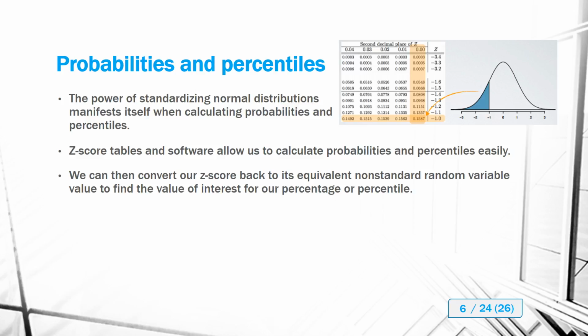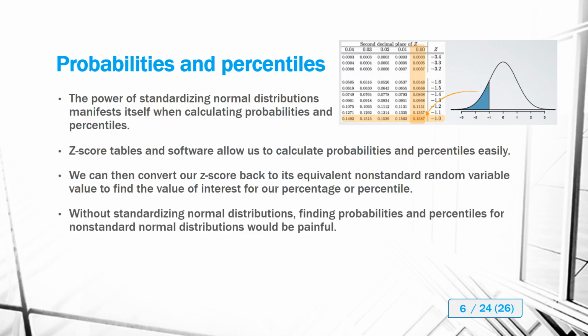But now that we have the ability to convert a non-standard normal distribution to a standard normal distribution, we can easily calculate probabilities and percentiles for non-standard normal distributions, as well as the standard ones. This becomes very, very powerful because we're relating random variables to z-scores, which are then related to areas under the curve, which are then related to probabilities.